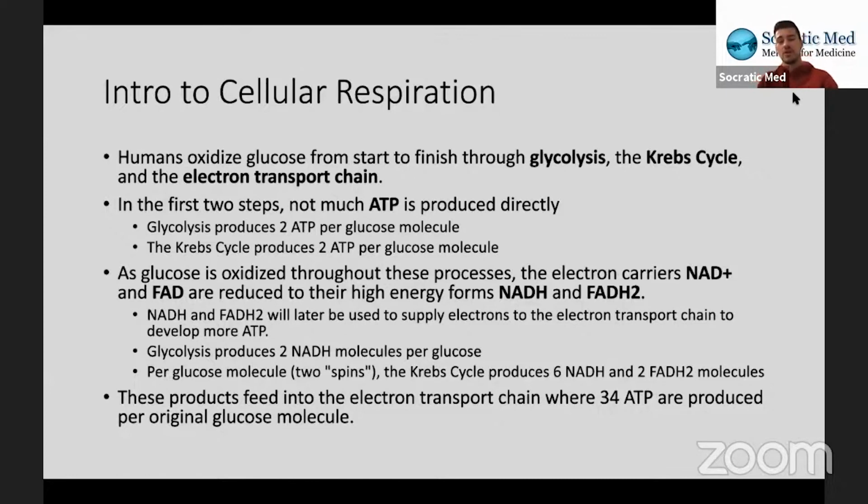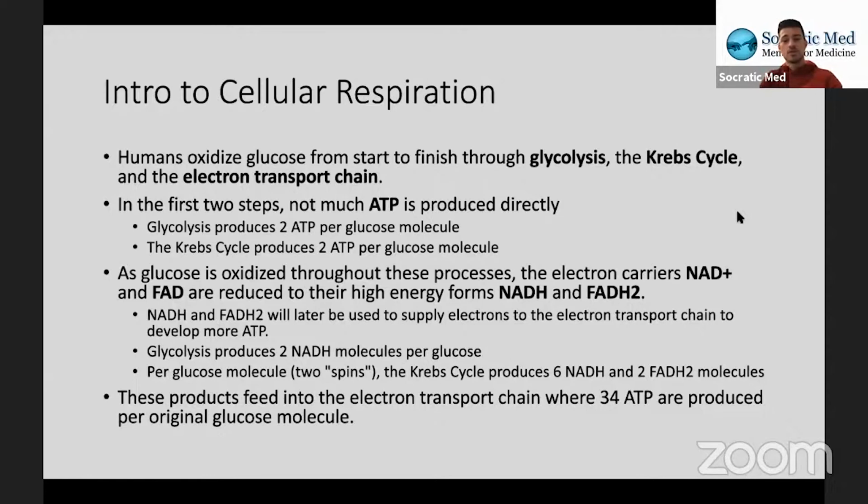We're actually concerned with creating the precursors and creating some of the molecules that will feed into the electron transport chain. So glycolysis produces 2 ATP molecules per glucose molecule, and the Krebs cycle also produces 2 ATP molecules per glucose molecule.